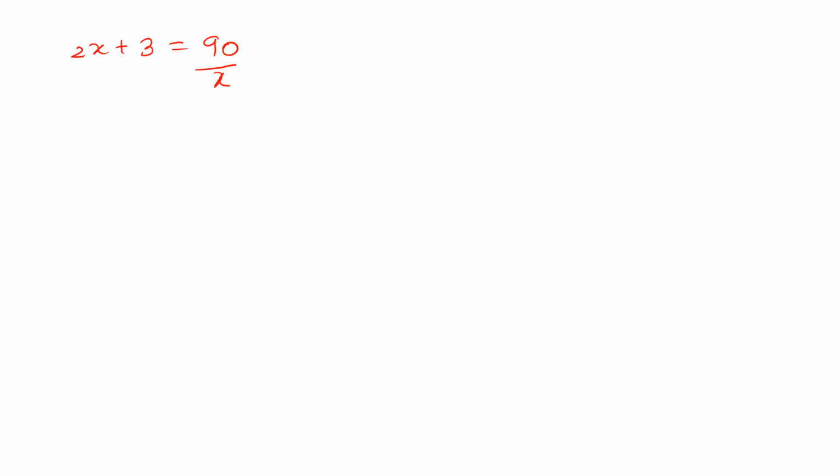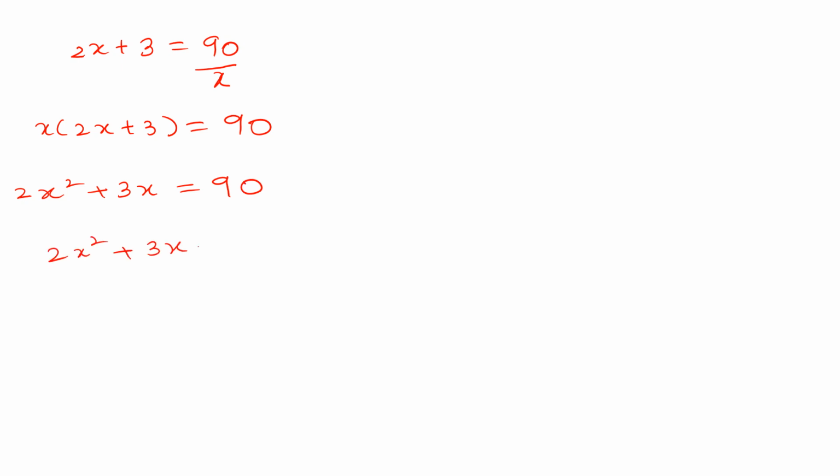This is our equation. Now x we can shift here, so we multiply with x. We will get 2x square plus 3x equals 90. So 2x square plus 3x minus 90 equal to 0. Now the coefficient of x square is 2, not 1. So for the product, we multiply 2 and minus 90 to get minus 180. We have to select two numbers such that their product is minus 180 and sum is plus 3.